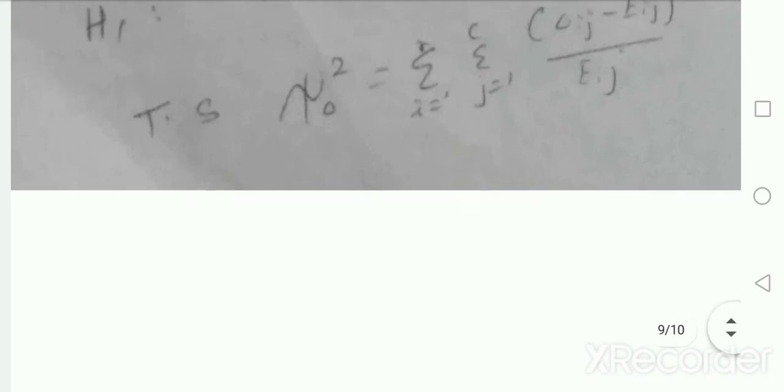So, the expected frequency table. In the problem they gave only the observed frequency table, the Y values. So for every Y value we need to find the E value, where E is the expected frequency. The calculation for E is the corresponding row total into column total divided by the grand total.